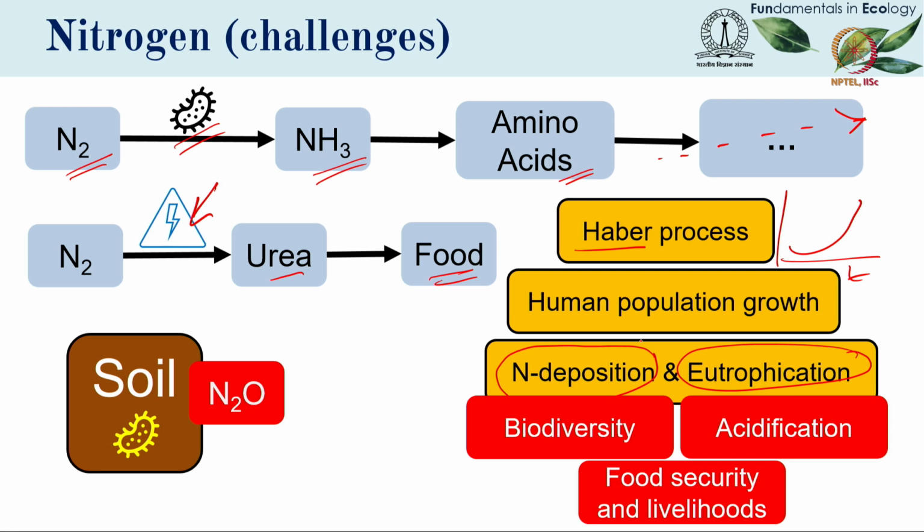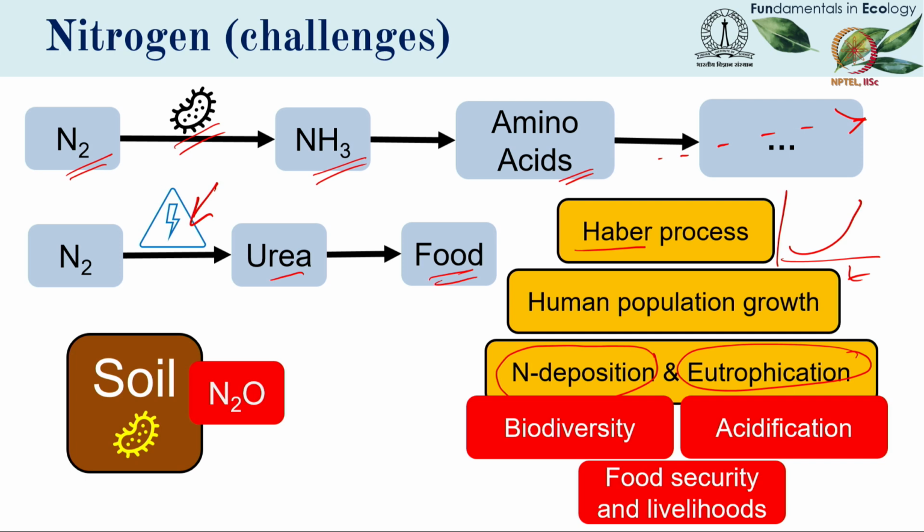The other aspect of the nitrogen cycle is atmospheric deposition of N. So human activities release a lot of oxides of nitrogen into the atmosphere. This is something that I will cover in a subsequent slide in a little bit more detail. And these oxides of nitrogen come back to ground when they get dissolved in droplets of rain.